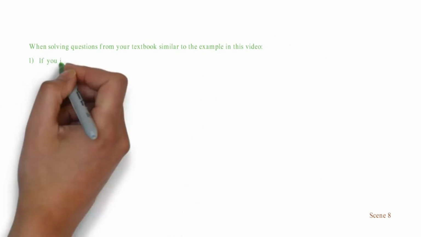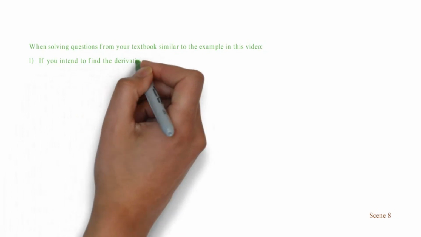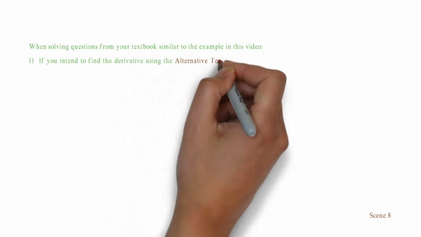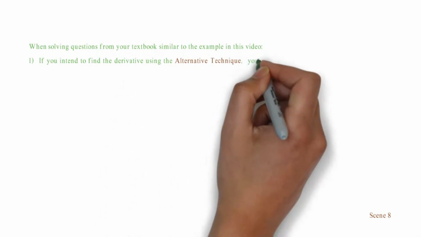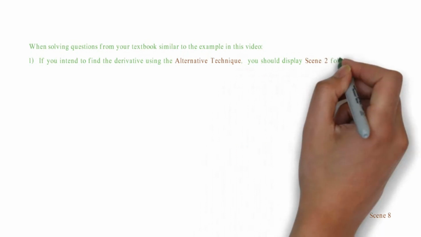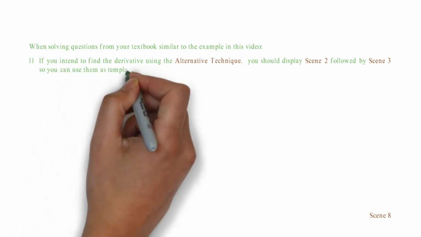If you intend to find the derivative using the alternative technique, you should display scene 2 followed by scene 3 so you can use them as templates.